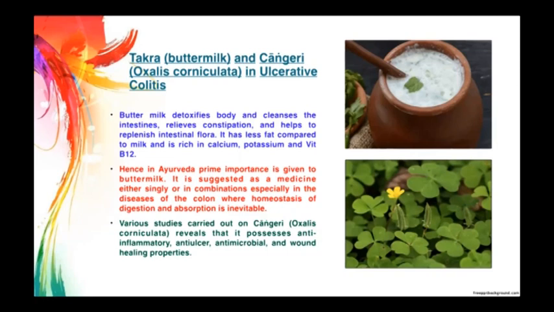Various studies carried out on changiri or Oxalis corniculata reveal that it possesses anti-inflammatory, anti-ulcer, antimicrobial, and wound healing properties. So we have used these two in combination in this case.